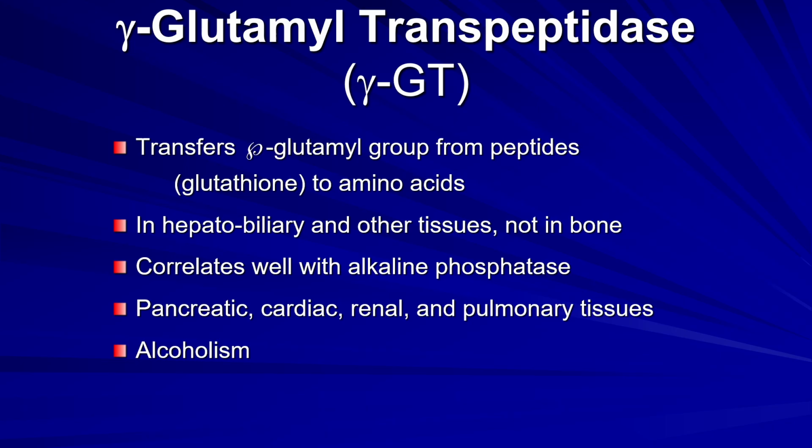One thing we know about gamma GT is that its synthesis is induced by ethanol intake. So if people misuse alcohol, that can lead to an increase in gamma GT, even in the absence of detectable liver disease.